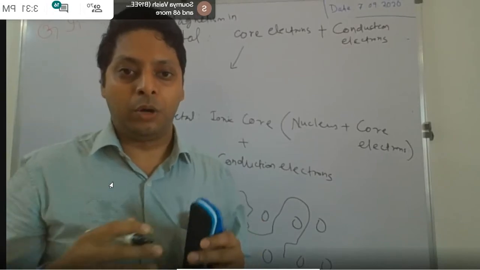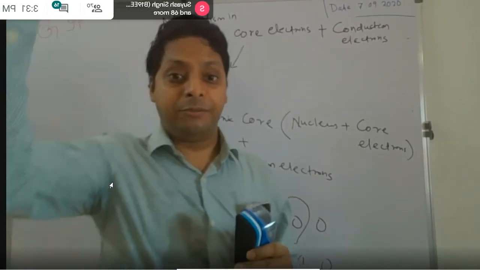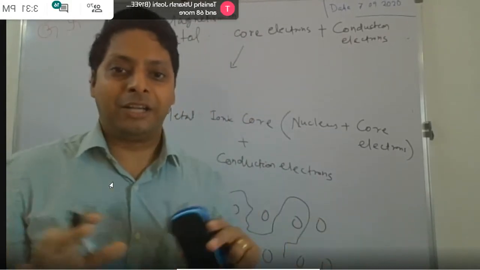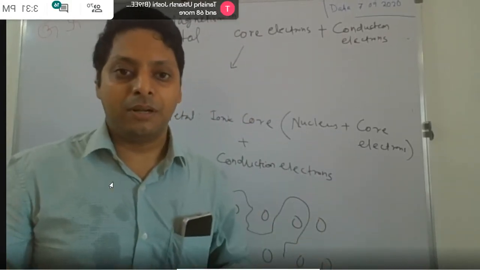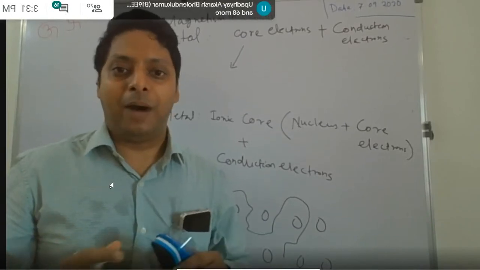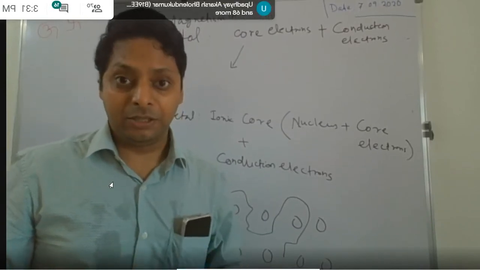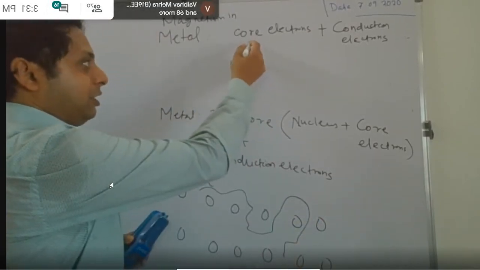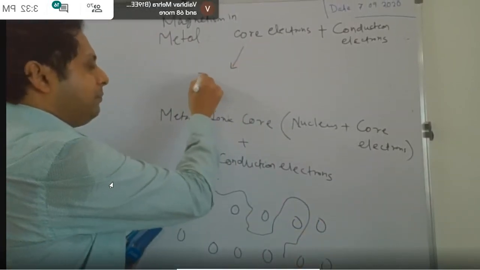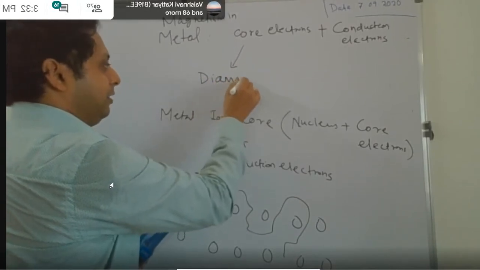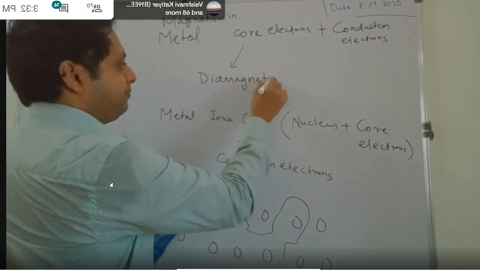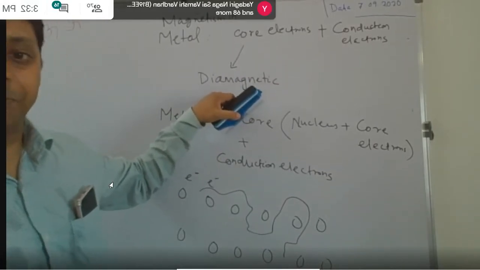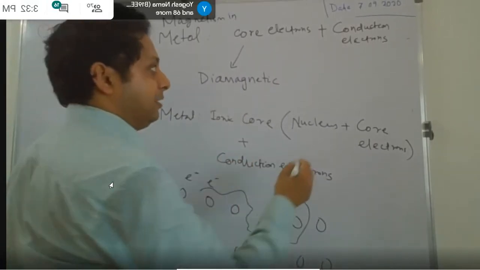If you look at the core electronic configuration, there will be no partial occupation or partial filling. It is completely filled, and that's why it is going to give rise to only a diamagnetic contribution. So it only has a diamagnetic susceptibility. It will behave like a diamagnet.